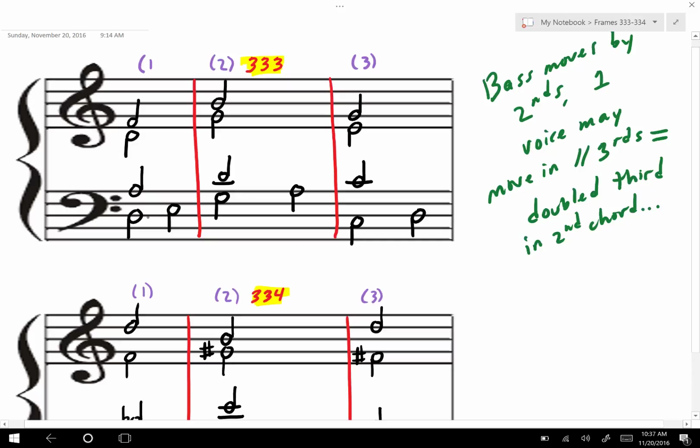So here's the D, and there's the F. That's our third, or our 10th, but we're going to reduce it to its simple interval equivalent. So the D to the F is thirds. Then we have an E to a G for the sopranos. That's what we're talking about when we talk about the voice moving in parallel thirds. And that's allowed.